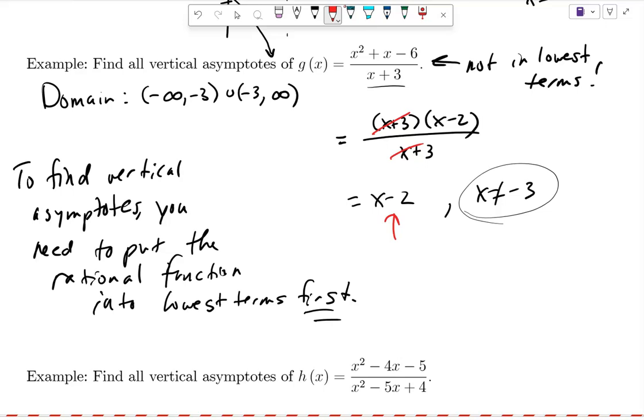what kind of a graph do you get? What kind of a function is that? If I think about it as y equals x minus 2, what kind of a function is it? We talked about them earlier this semester. You know this one.